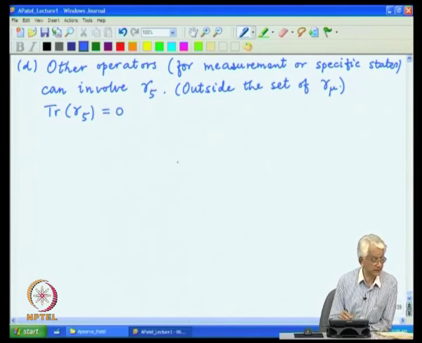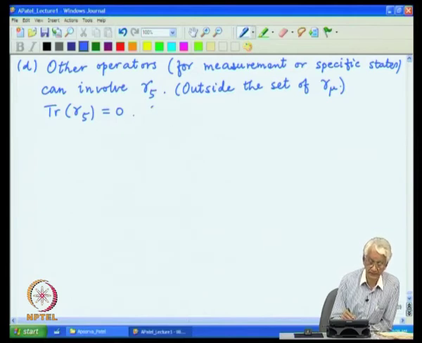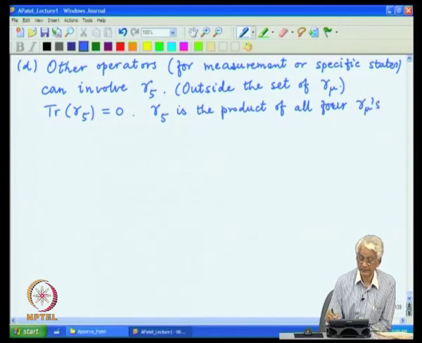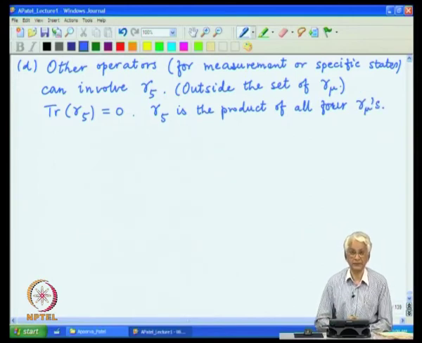One of them is trace gamma phi is equal to 0. The other one was that gamma phi is the product of all 4 gamma mu's.